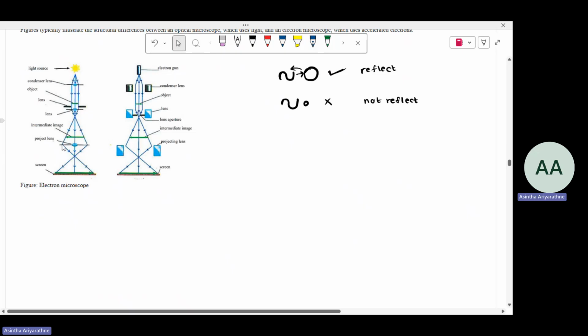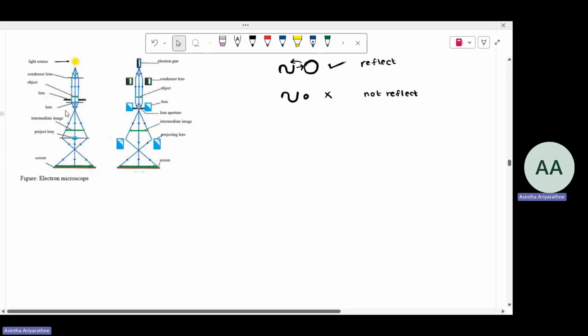Here in optical microscopes we use the typical optical lens. Here, electromagnetic lenses. They are called electromagnetic lenses because the path of the electrons can be deviated by changing the strength of the electromagnetic waves around them. Right?